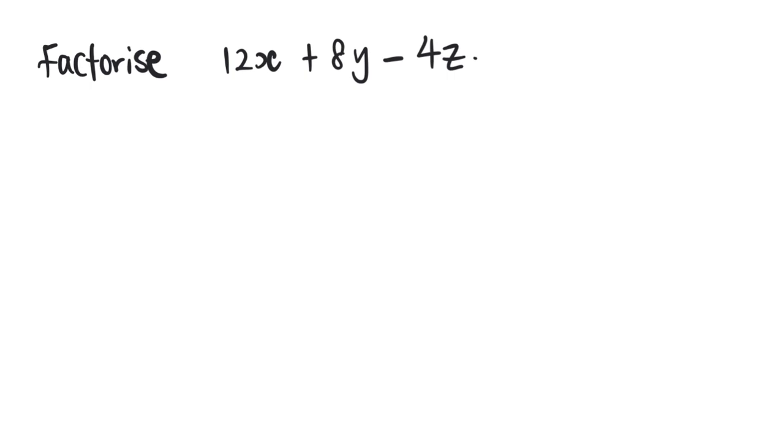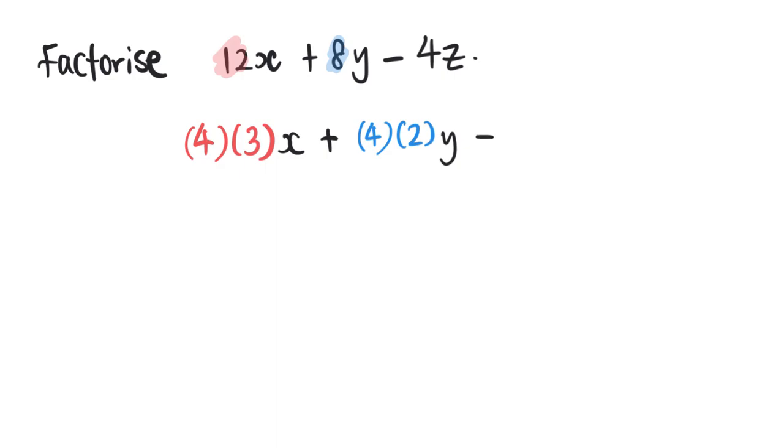Meaning that you would see me writing 12 as 4 times 3x plus, and you will see me writing 8 as 4 times 2y minus, and you will see me writing 4 as 4 times 1.